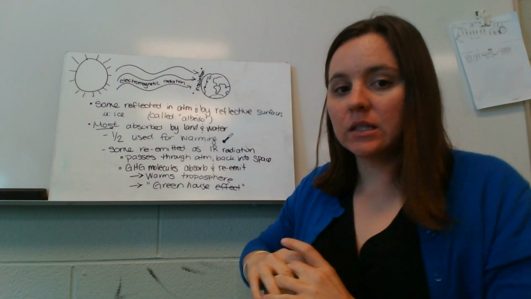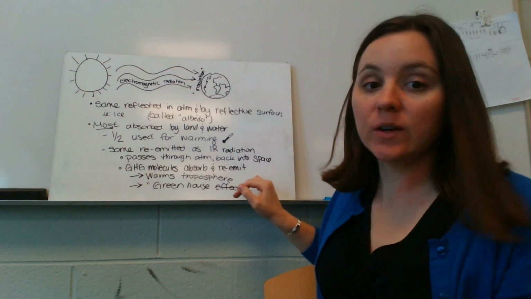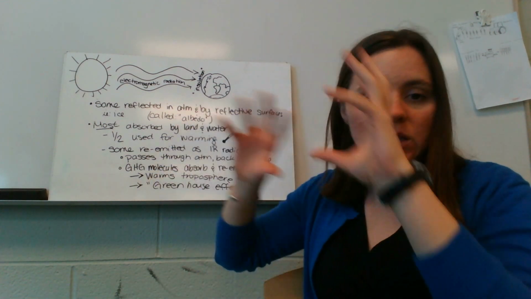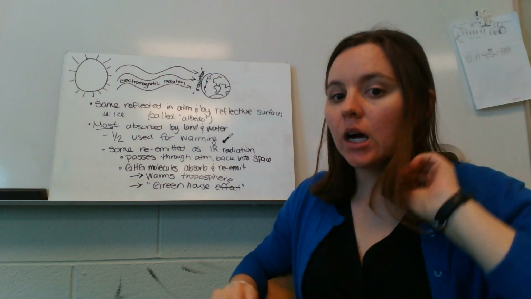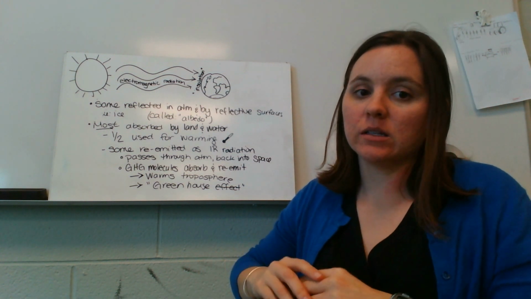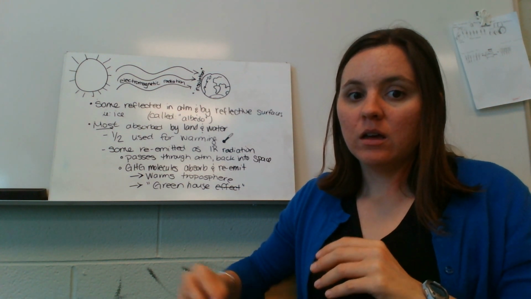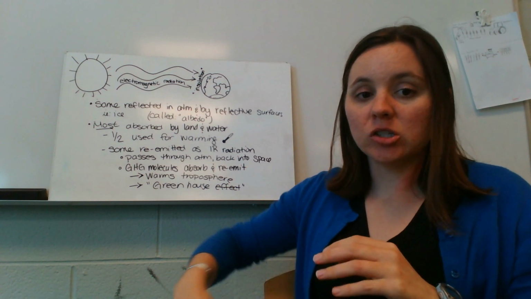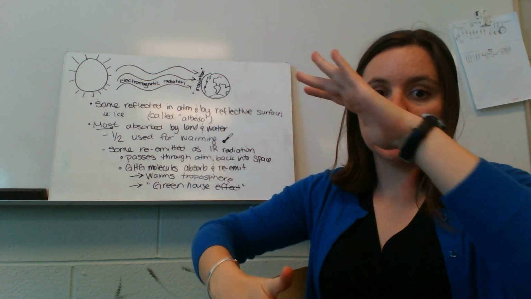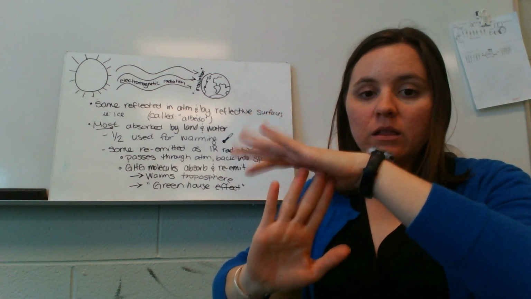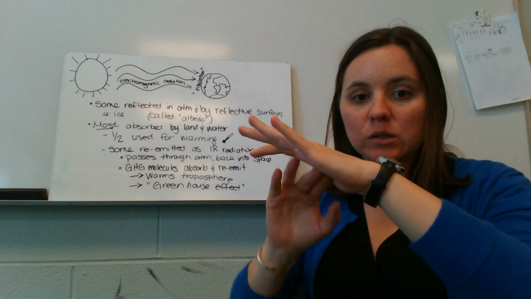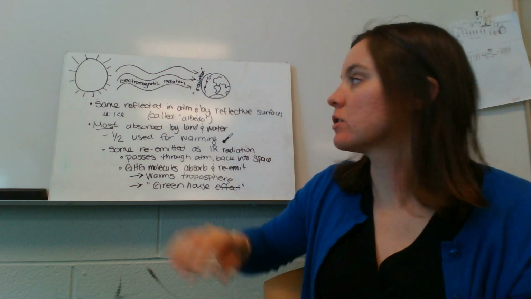And so that process warms the troposphere, which is the layer of the atmosphere that we live in. It's the one closest down to the bottom of the Earth. And that's what we call the greenhouse effect, when the infrared radiation that's being re-emitted back out into space gets blocked by the greenhouse gas molecules and then gets re-emitted back down onto Earth's surface.